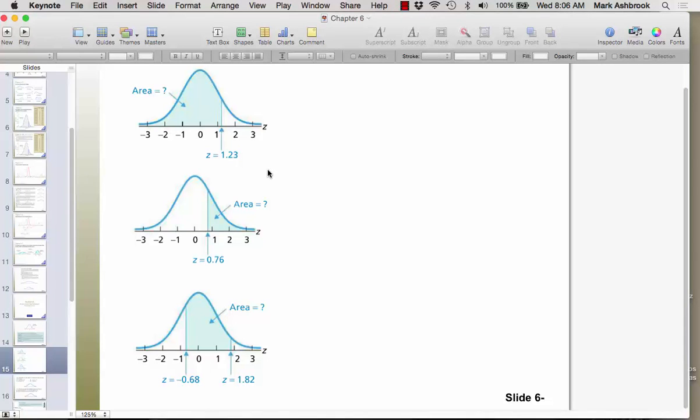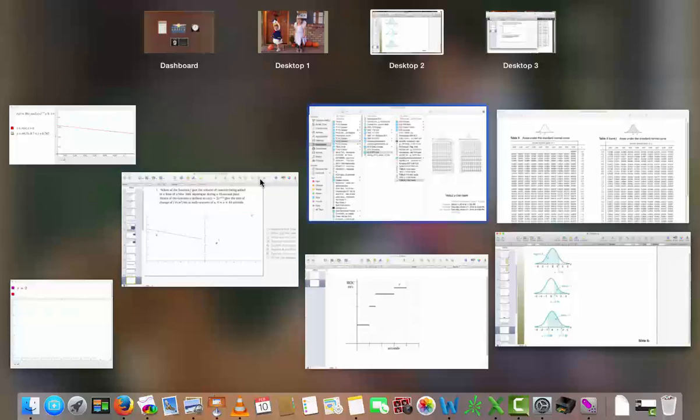Okay, and so the table can tell us what that area is. So we want the area to the left for z equals 1.23.